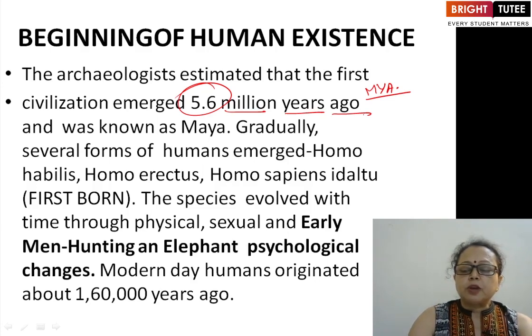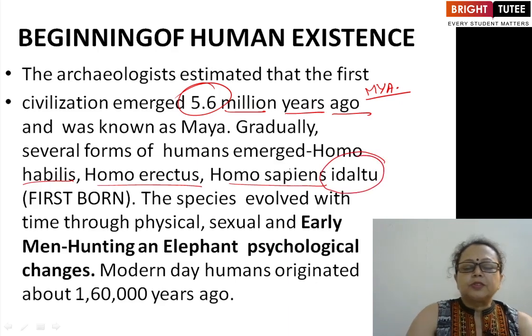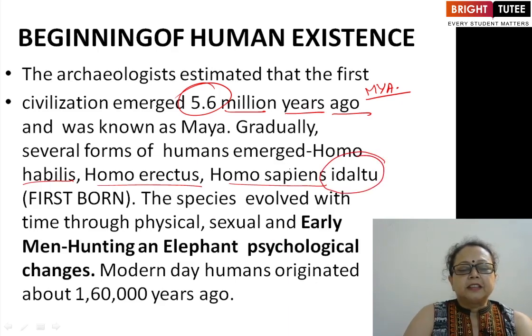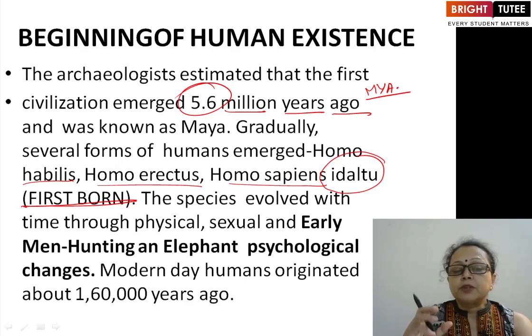Gradually, several forms of humans emerged: Homo habilis, Homo erectus, and Homo sapiens Idaltu. This is a different language used in the African continent at the very beginning. Homo sapiens Idaltu means the first born human on the earth.